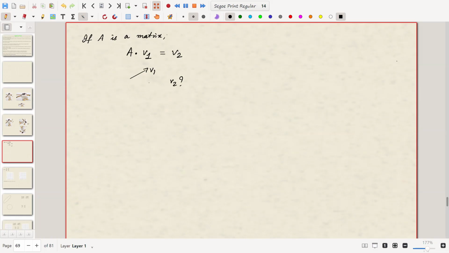But where it will be totally depends on the entries of matrix A, isn't it? How the matrix looks like.